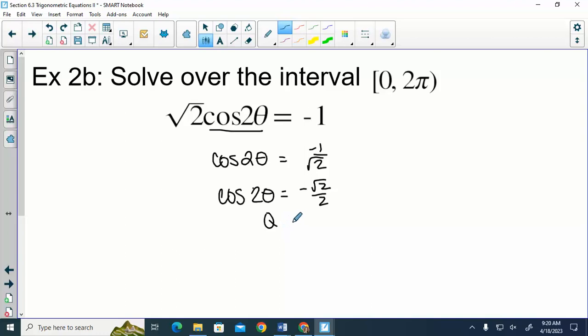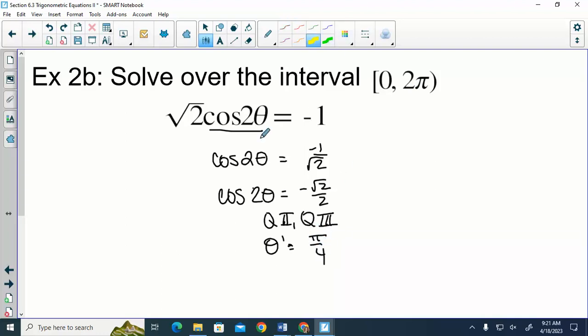Quadrants, when is cosine negative? Reference angle, when is cosine radical 2 over 2? And since we're in radians, we'll do pi over 4.